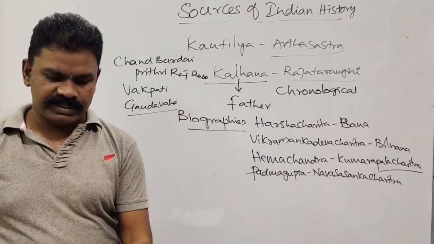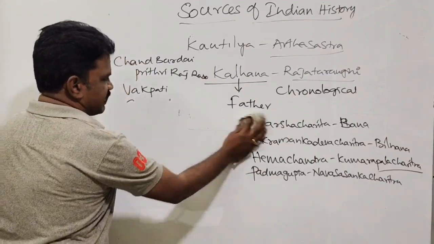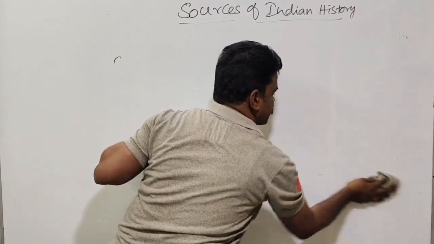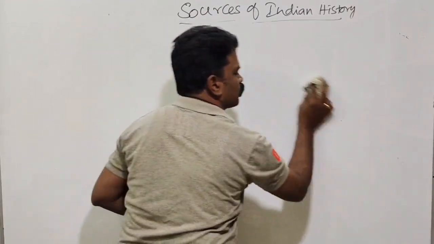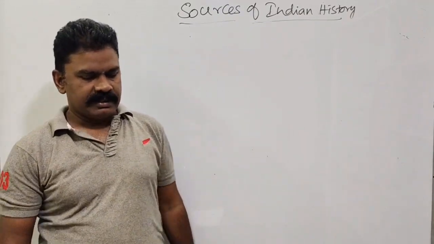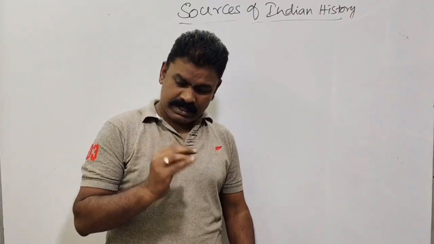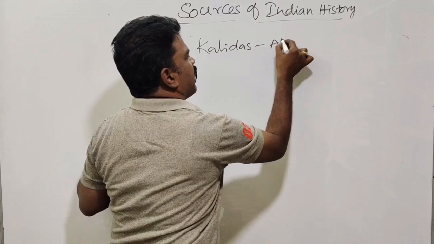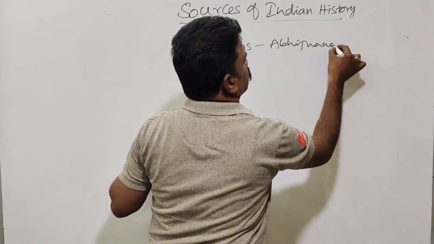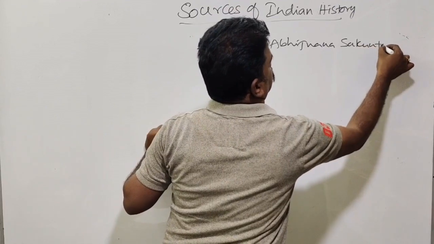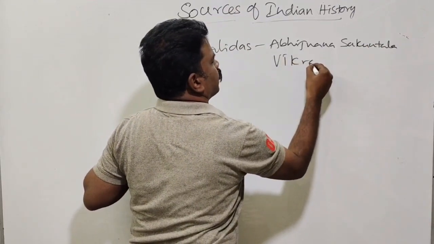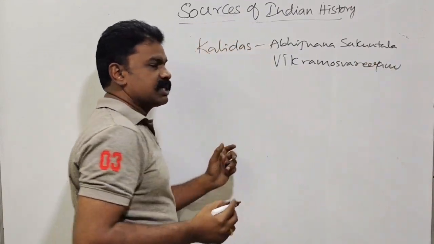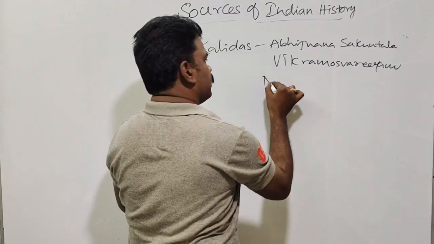After the biographies, in the secular books, we can also find some Sanskrit dramas. Kalidas wrote Vikramorvasiyam, Abhijnana Sakuntalam, and Malavikagnimitra.